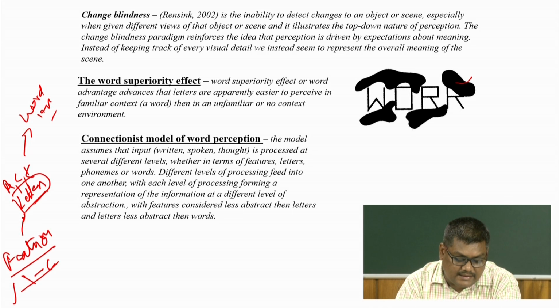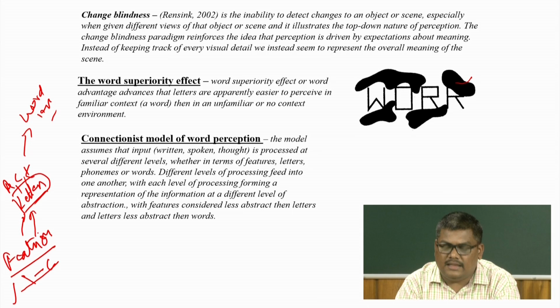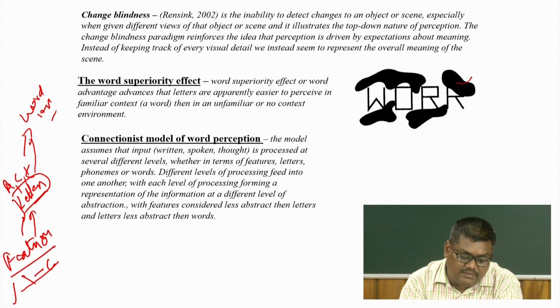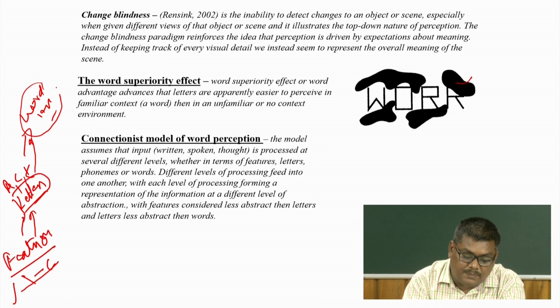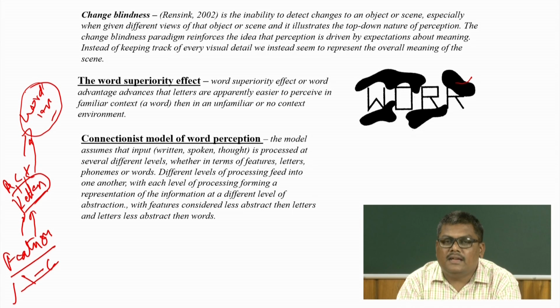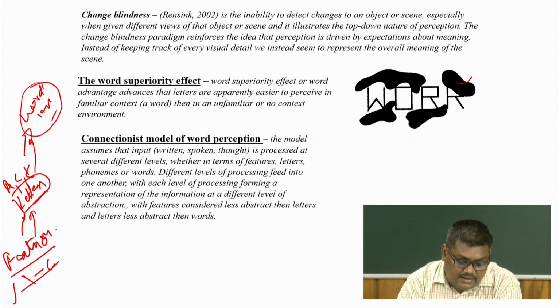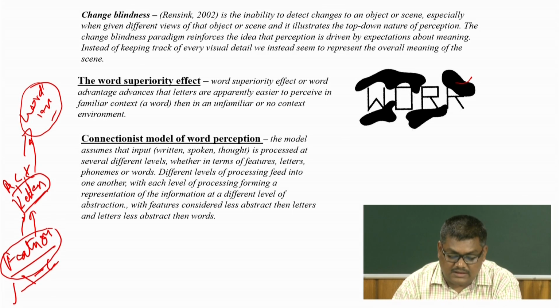It basically says that from the feature level to the letter level, fewer connections are there, whereas from the letter level to the word level, more connections are there. So, if the perception happens at the word level, it is easier for people to perceive letters than when it is at the level of features.